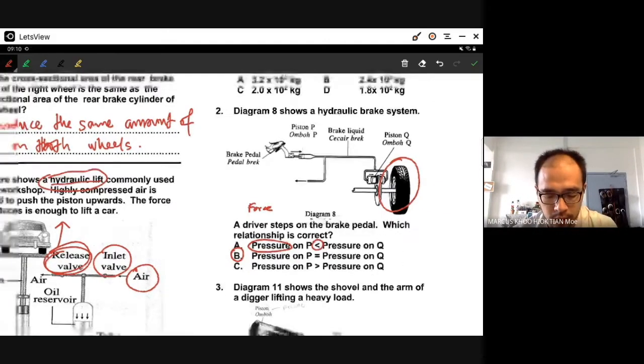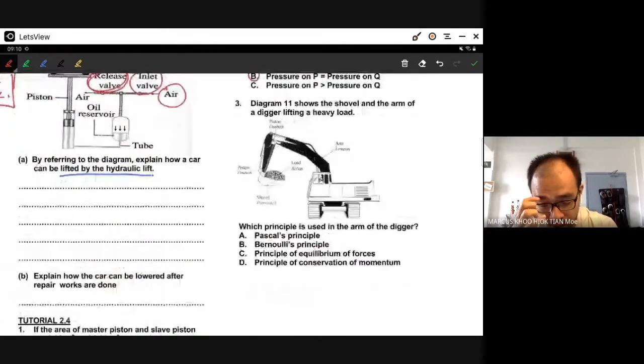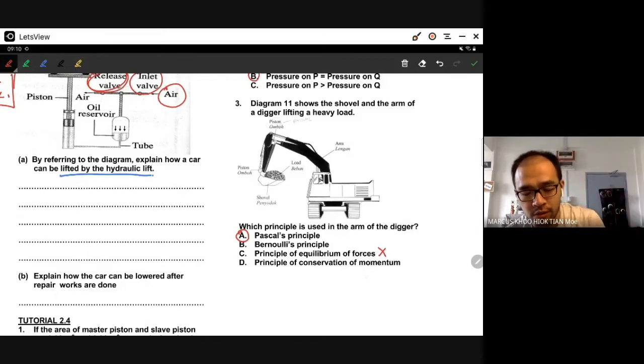All right, number 3, diagram 11 shows this one. What is the principle used? I'm not going to waste time calling people. This will obviously be Pascal's principle. Conservation of momentum doesn't apply here because this is not a moving situation, it's just lifting. Conservation of momentum happens during a collision.